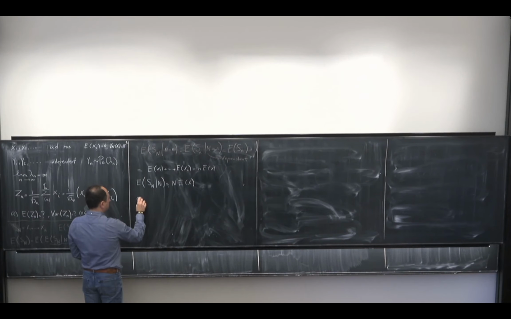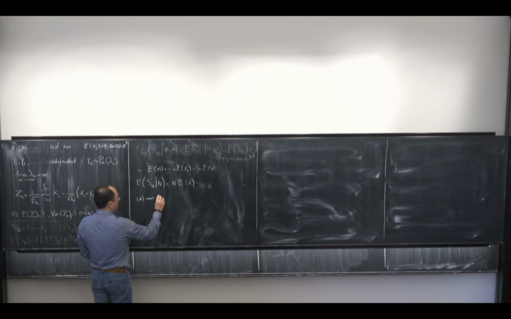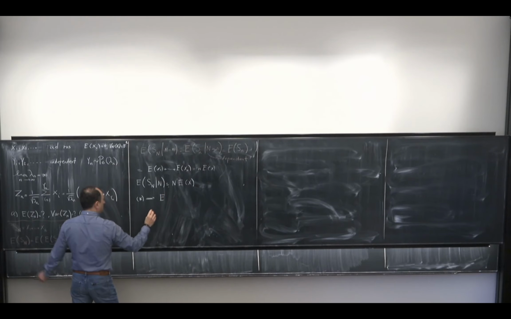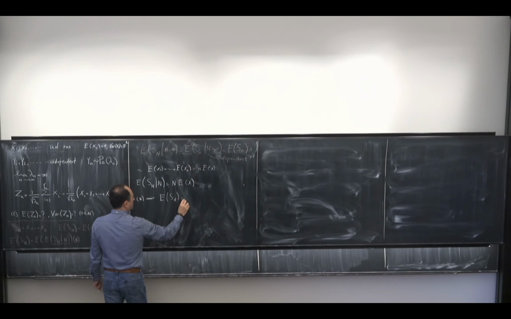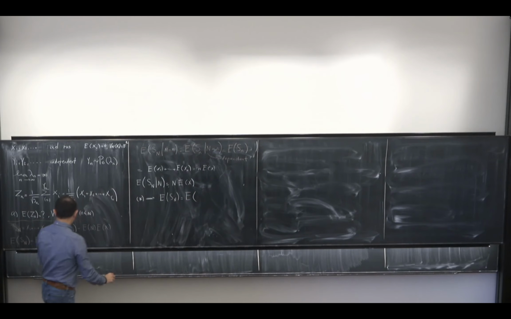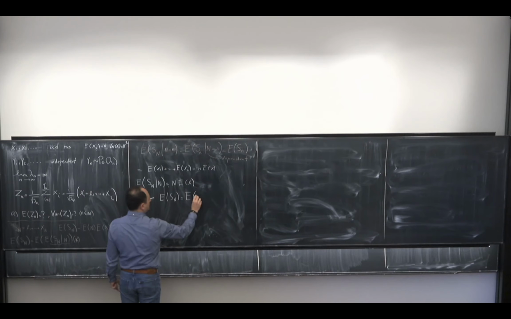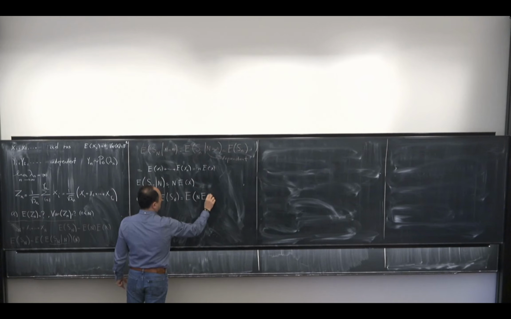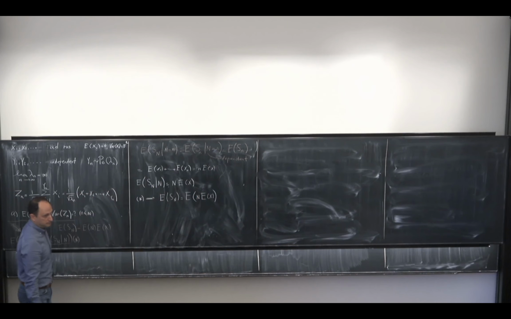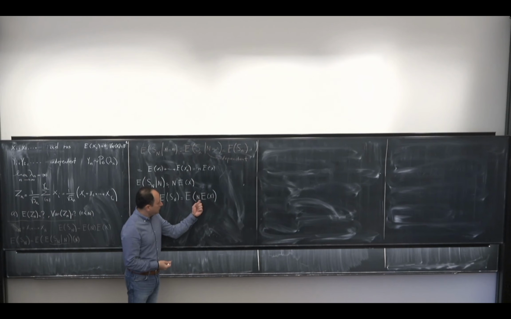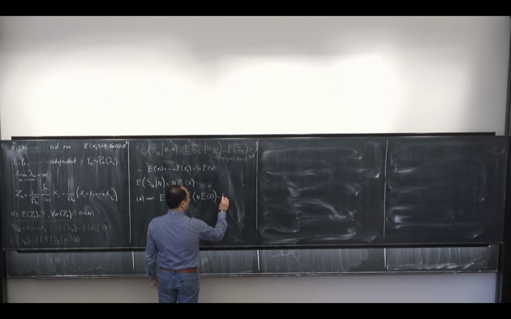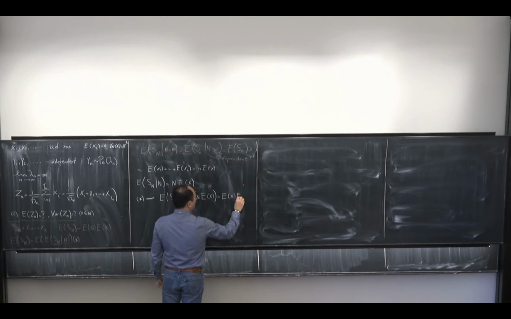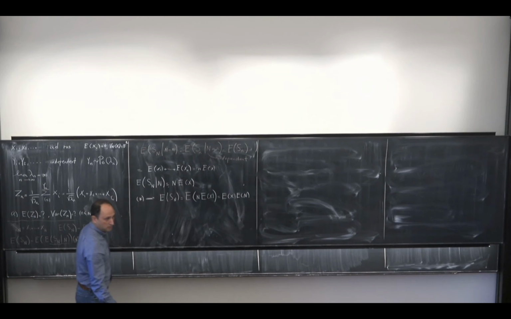Therefore, I can conclude that E of Sn is equal to E, and instead of this I put this expression. How can I continue now? This is a random variable, but this one is a number. So I can pull the number out. So this becomes E of x multiplied by E of N. So it's a very important formula, so it's good to remember that.